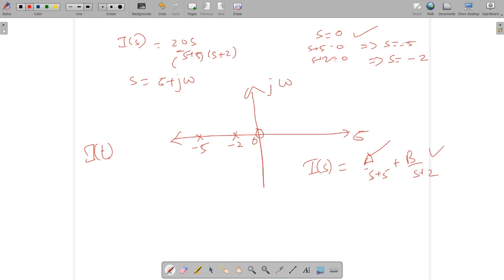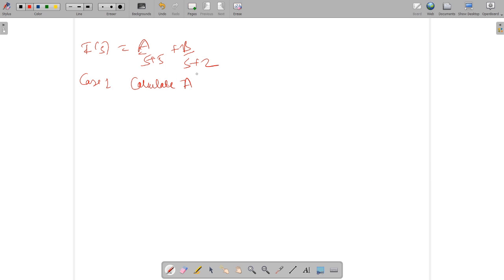Now if I want to find this A and B using the pole-zero diagram method, how are you going to do it? I of s will be equal to A upon s plus 5 plus B upon s plus 2. Now you will have to find the coefficients A and B. You know that there is a link between A and the 5.